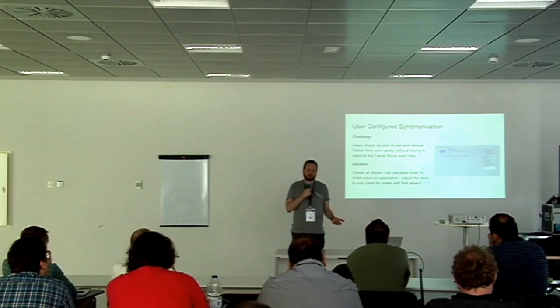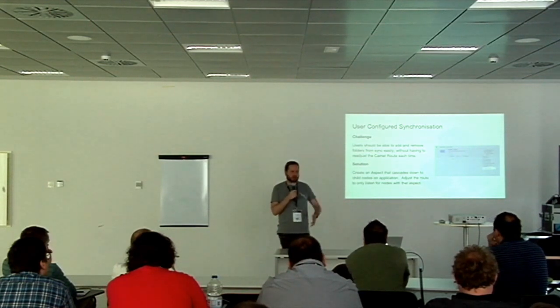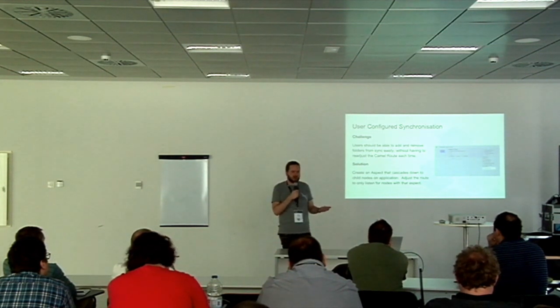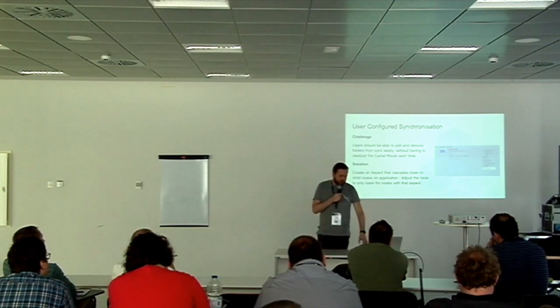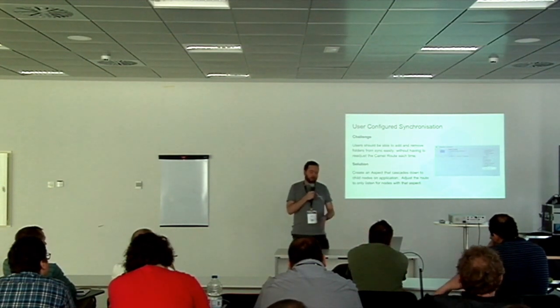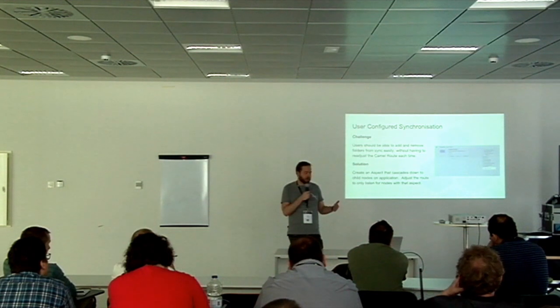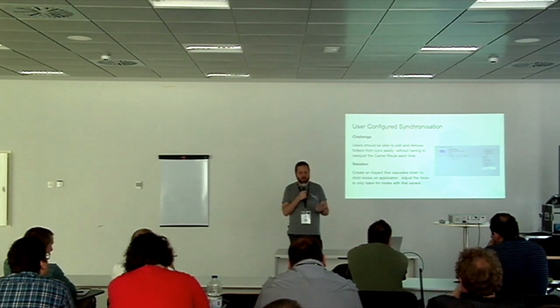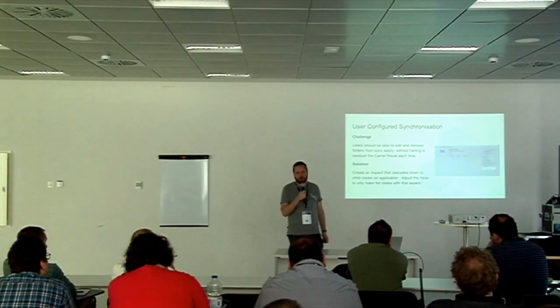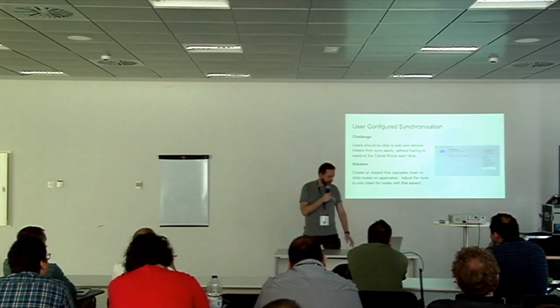You can actually do this just via the route and then hot deploy it, but not everyone can read XML or change Camel or understand what's going on. And we don't want all the nodes to sync across. So we create an aspect and we register and subscribe to events that only have that aspect applied.